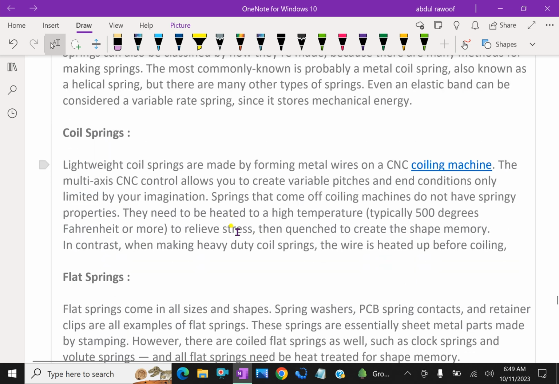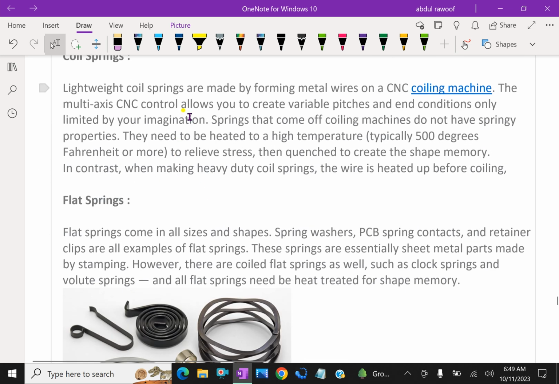Now, coil springs. The lightweight coil springs are made by forming metal wires on CNC coiling machines. The multi-axis CNC control allows you to create variable pitches and end conditions only limited by your imagination.